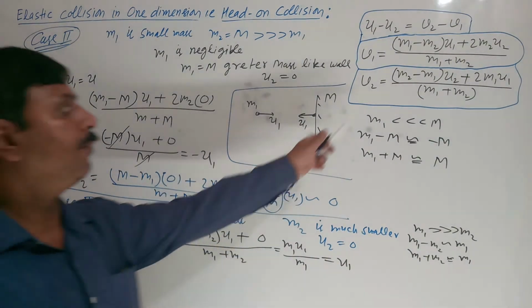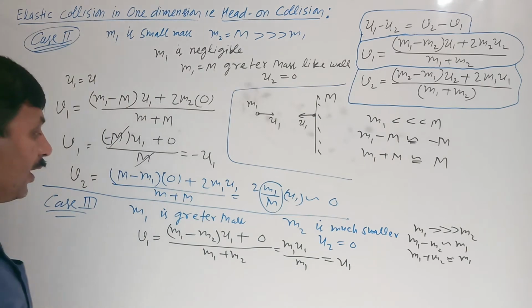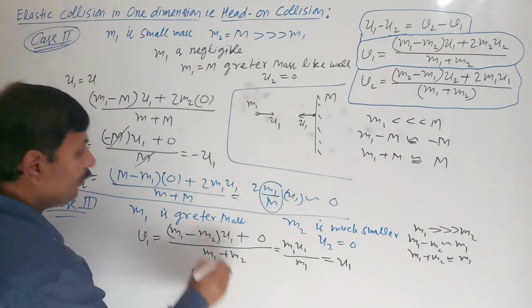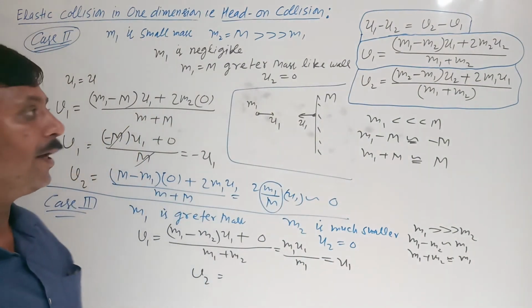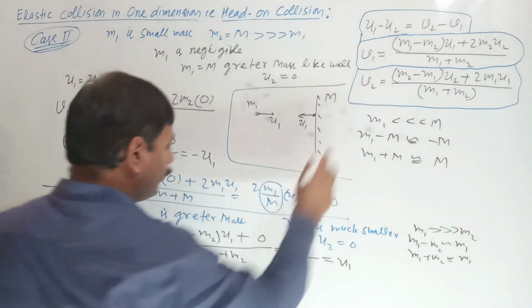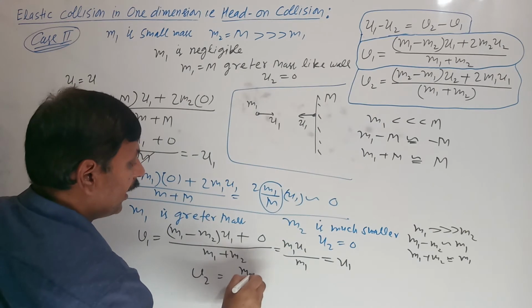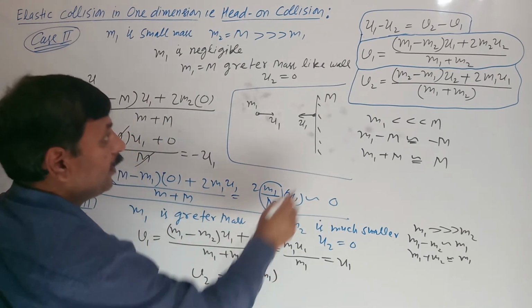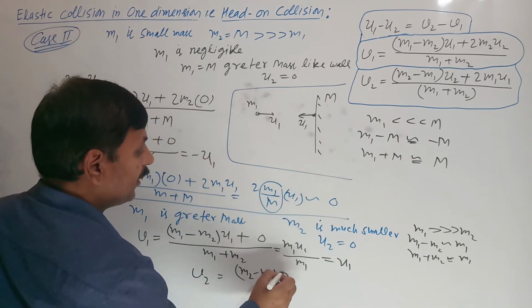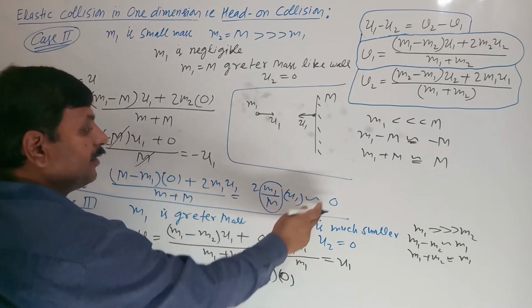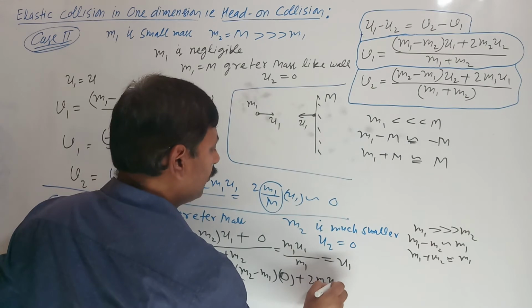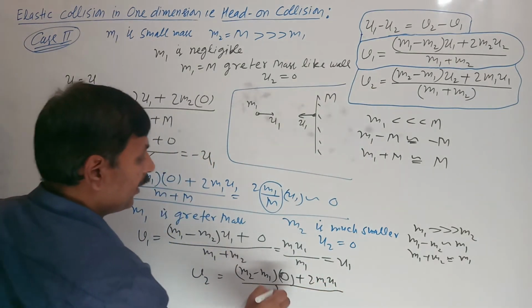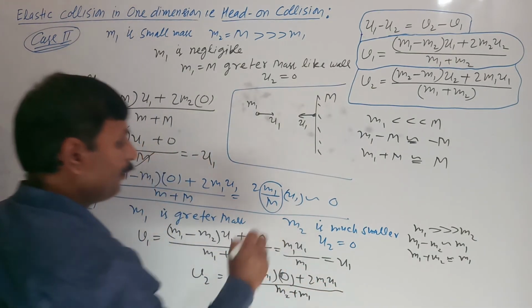But when we talk about V2, the velocity of the other object, if you put it in this formula: M2 minus M1 into U2, where U2 is 0 because the second mass is stationary, plus 2 M1 U1, divided by M2 plus M1.